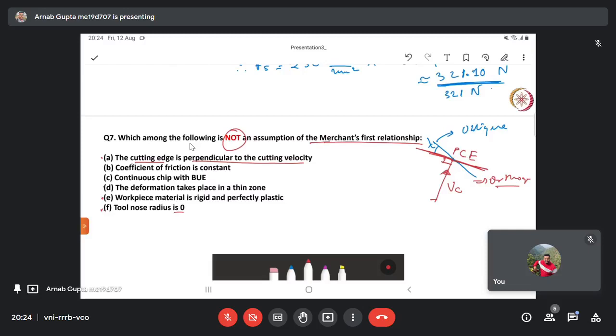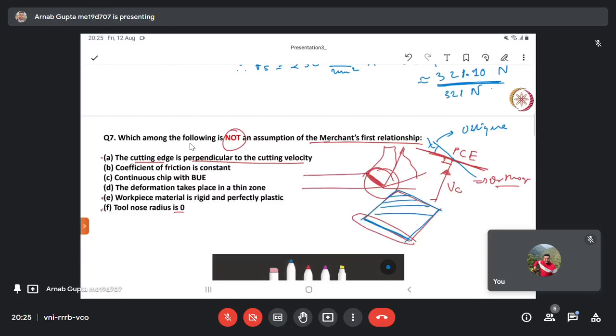And if you want to correctly explain this, then you can go by this, like the deformation takes place in a thin zone. Okay, so this is your tool here. This particular zone where the deformation is occurring, this section, so if you see this plane that I am showing here now, that is having a finite thickness in actual regime.